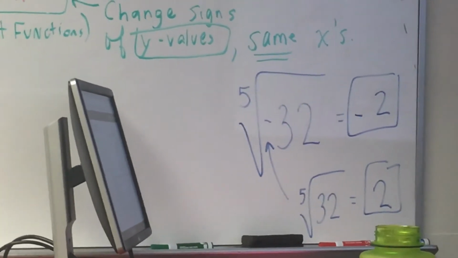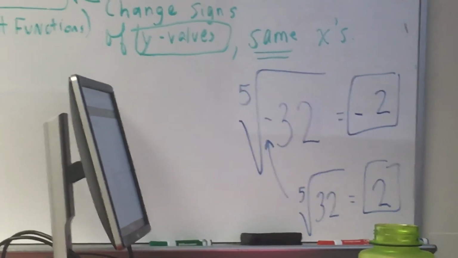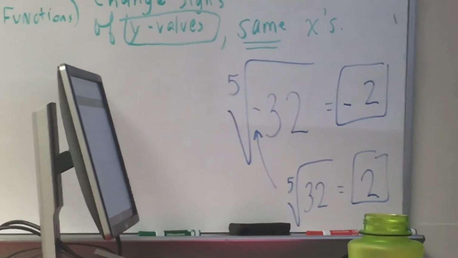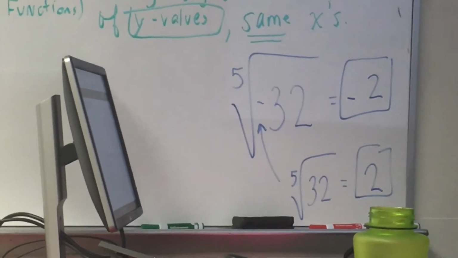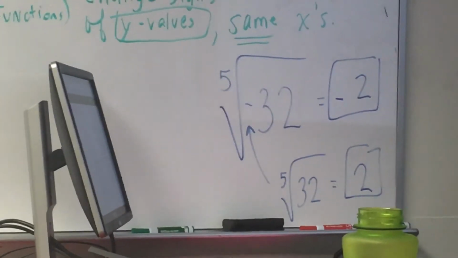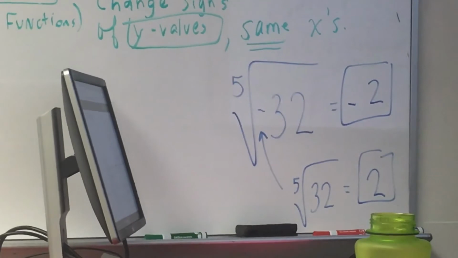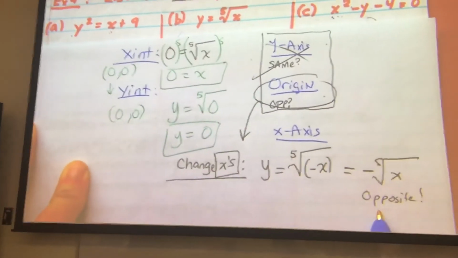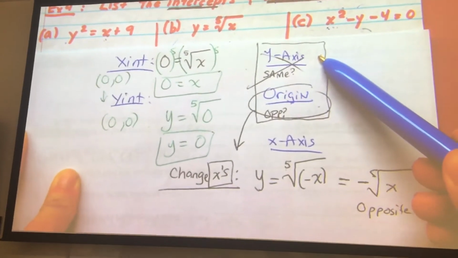Anytime you have a negative under an odd index, you will get the opposite of the original. That's what we just showed with the number here. Okay? So that is the opposite. It's not the same, right? So if it's the opposite, which of these is happening? Origin. If it had been the same, it would have been y-axis, wouldn't it?